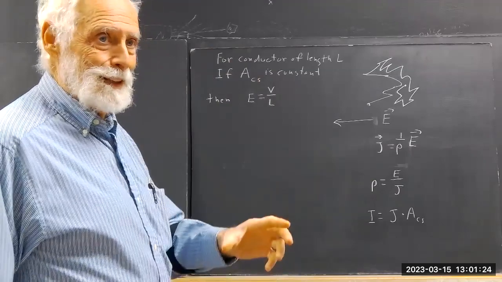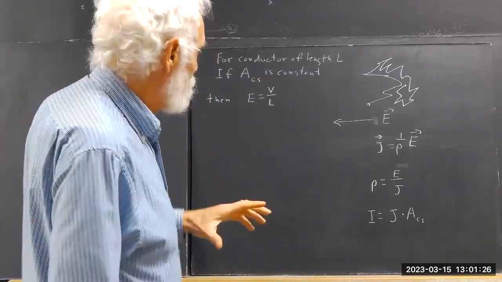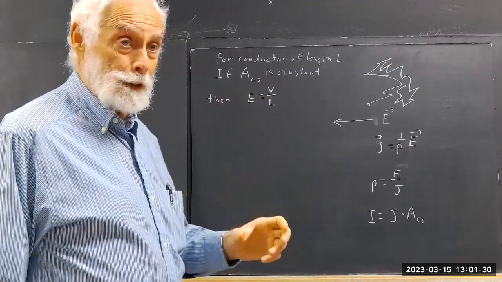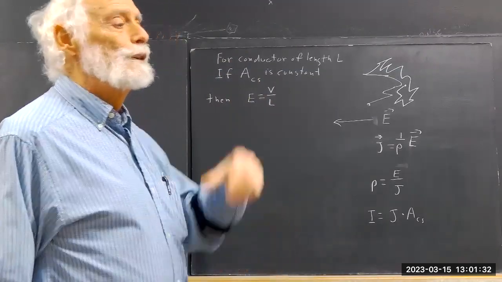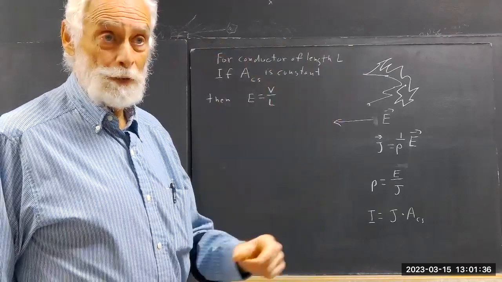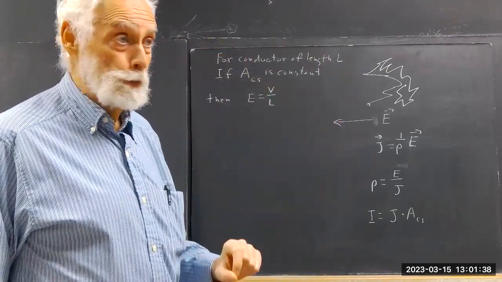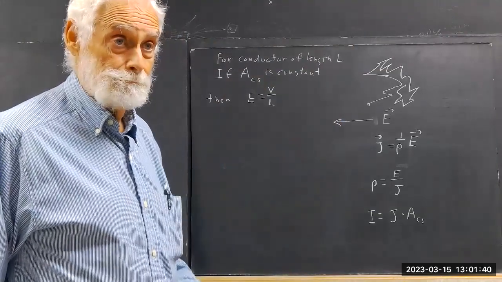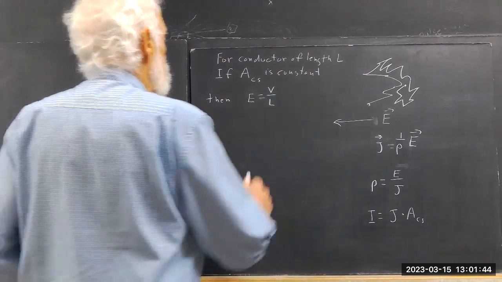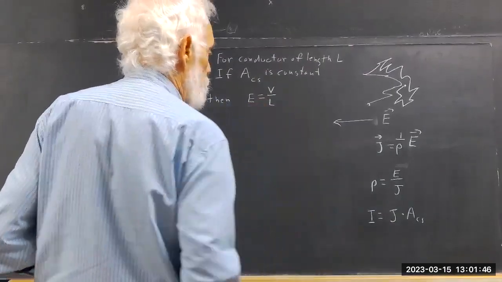Use that equation, but this is saying the same thing. You get your work per unit of charge by multiplying your force per unit of charge by the distance over which that force is exerted. Okay, so you get E equals V over L.